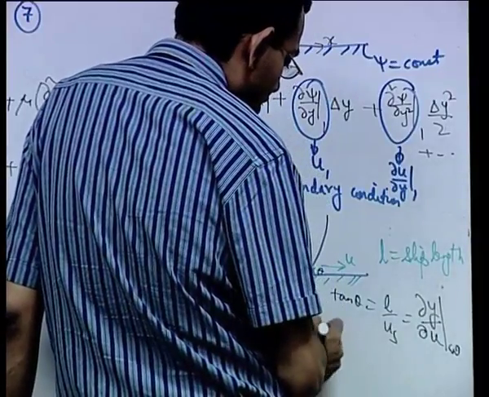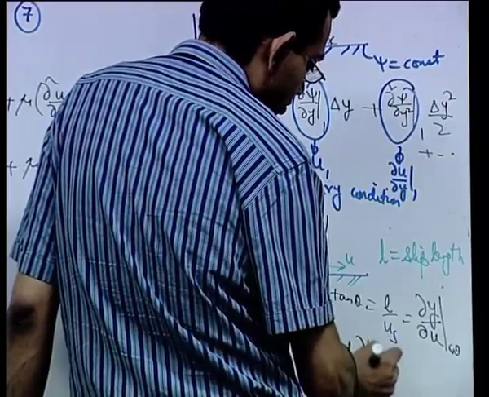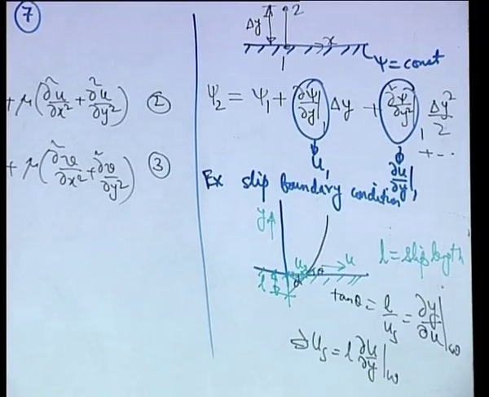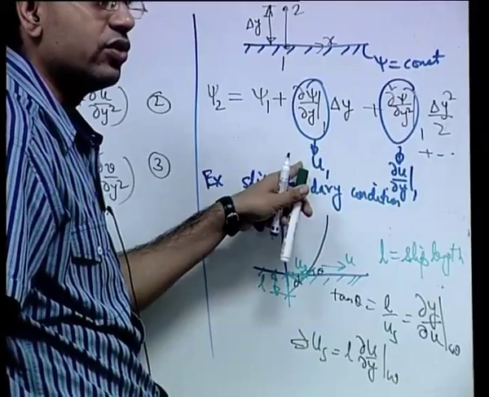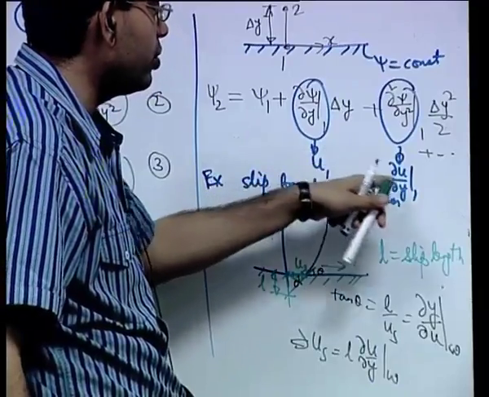So, we can write us is equal to L du dy at the wall. So, then in this boundary condition u1 is not 0, but u1 is equal to L into du dy at 1.